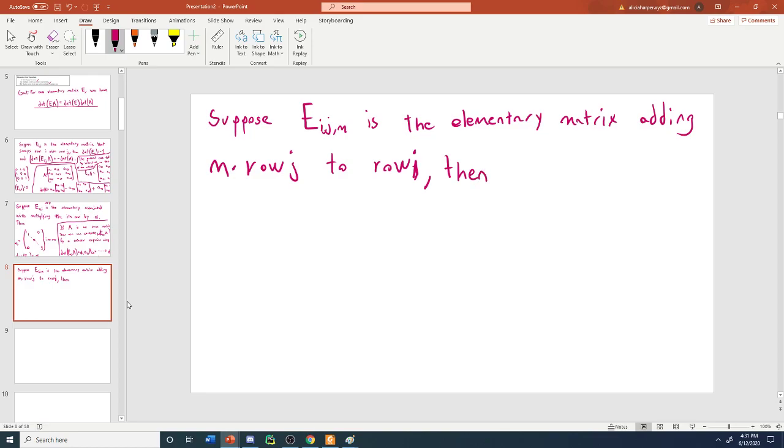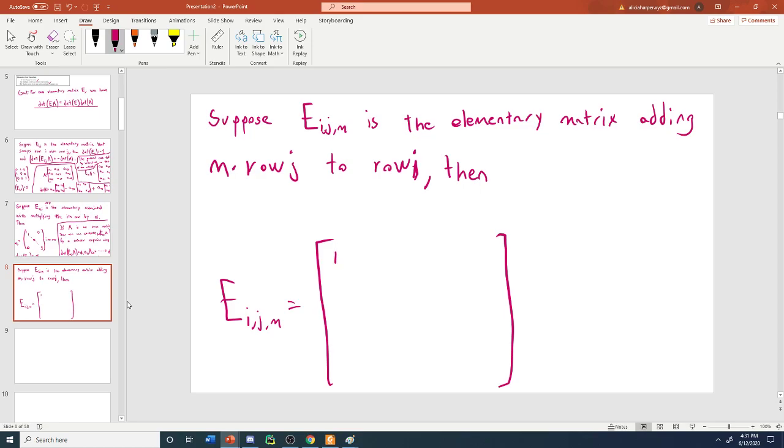I claim that the determinant of such a matrix is going to be 1, but to see why it's 1, it's useful to actually write down what the matrix itself looks like. And if you do that, you'll get something like this.